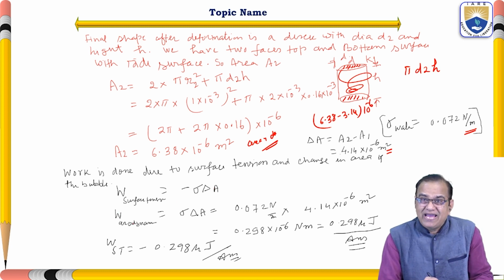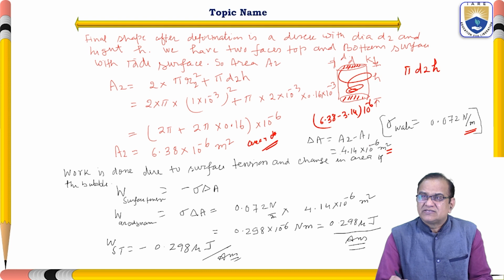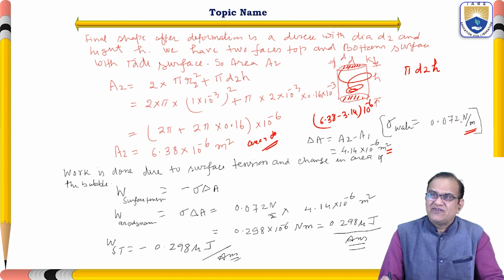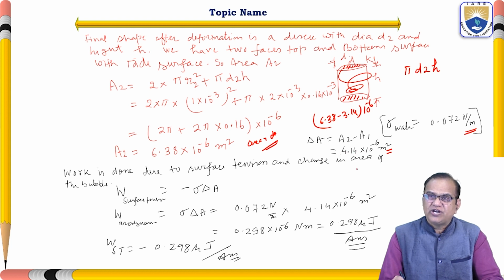So work done is sigma delta A, with sigma 0.072 Newton per meter, into the change in area. Change in area is how much? 4.14 × 10^-6 meter square.